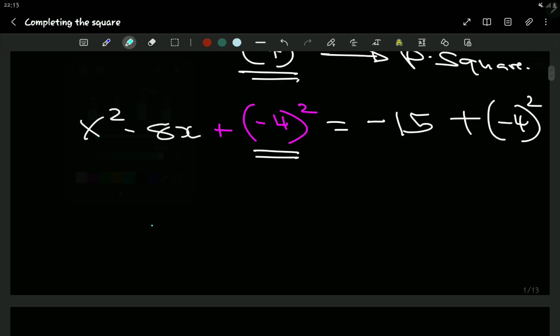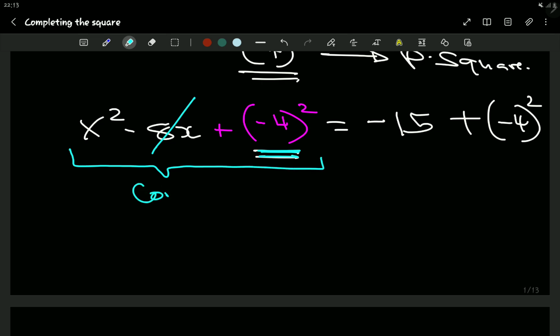Now, if you watched my first video, I told you, as long as you've been able to introduce the perfect square on both sides, then once this perfect square is introduced, that guy gets deleted. But on the other side, you're just good. So what do you do on this side? You complete the square. What do you do on this side? You simplify.